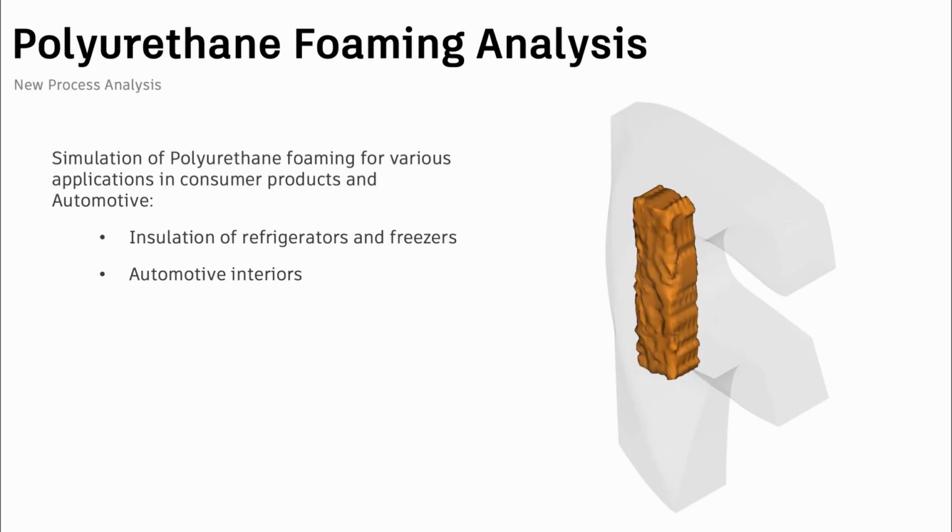We also implemented some new technology, polyurethane foaming. Actually, we call it chemical foaming in the upcoming release. But it's basically polyurethane foaming aimed at companies that make freezers or that make things that use a great amount of foam, let's say, for thermal insulation or acoustic insulation.